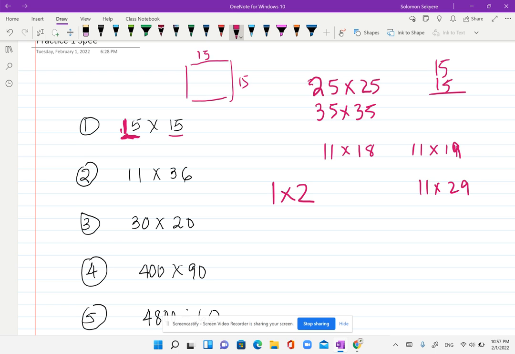So 1 times 2 is 2. You add 25 to it. It's 225. Use a calculator to check. So 15 times 15 equals 225.